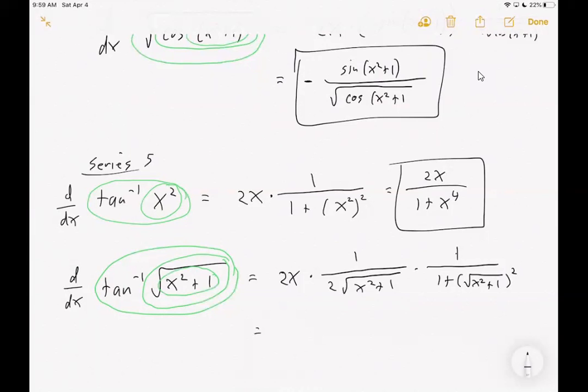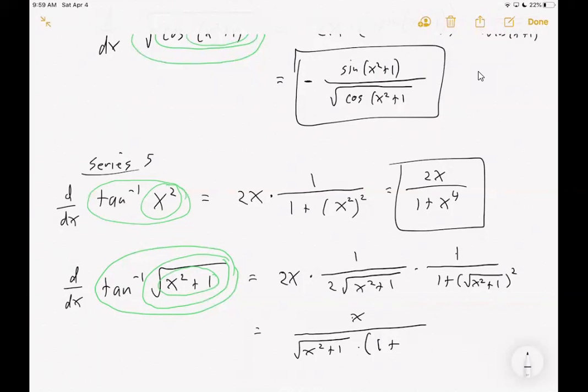Okay, now this will simplify. We look at this, we're going to have one big fraction. The 2's cancel, so the only thing left in the numerator is x. The denominator first has an x squared plus 1 times, now be careful, it's 1 plus this quantity, so don't just multiply it through. So I have a 1 plus, and then we're squaring a square root, so this becomes x squared plus 1.